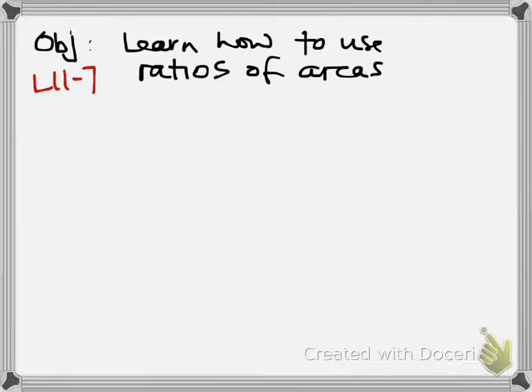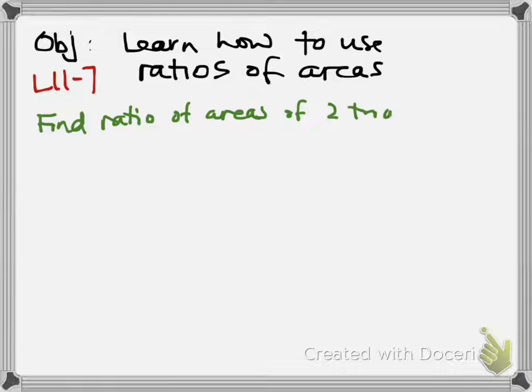All right, so we're going to have multiple scenarios. Now, these are not vocab words. So you are going to be asked to find the ratio of areas of two triangles.